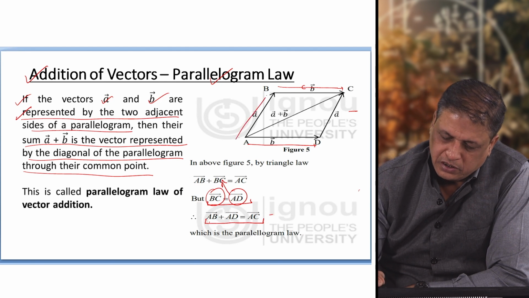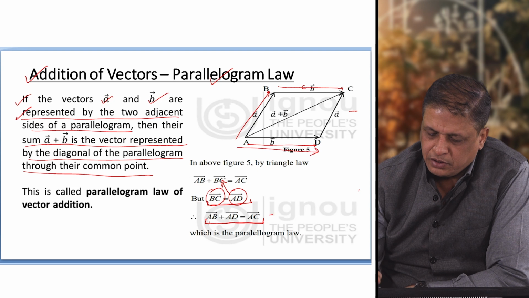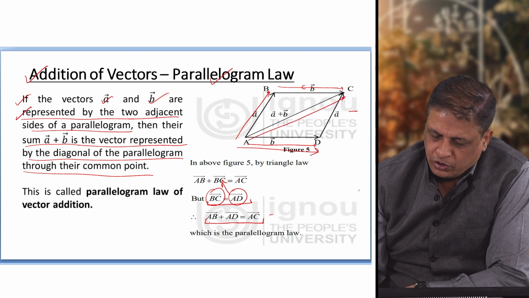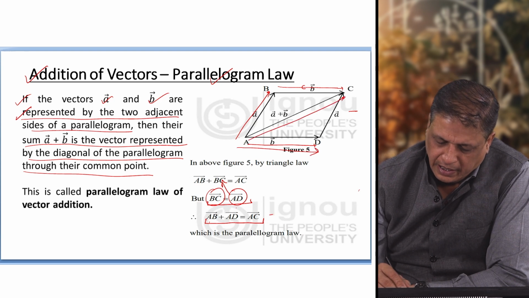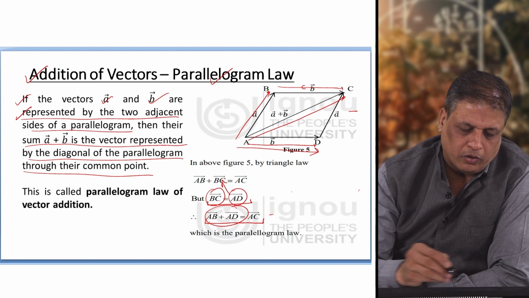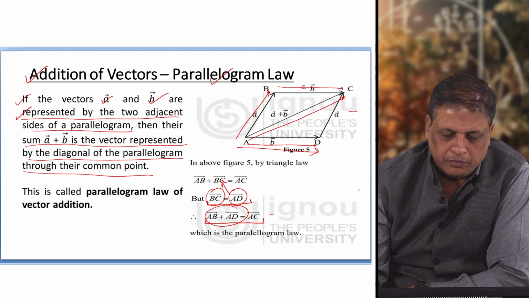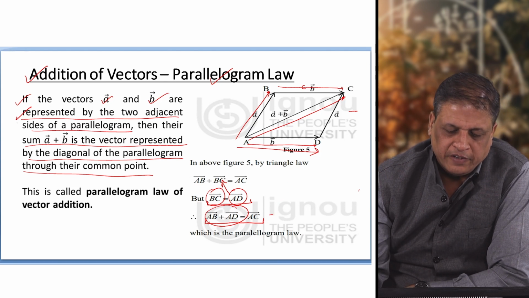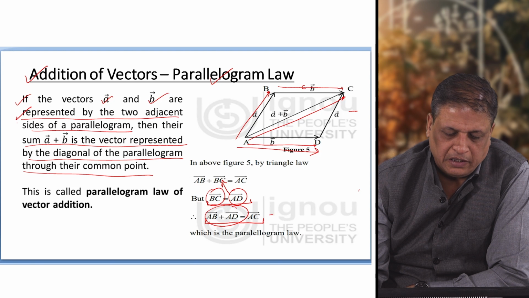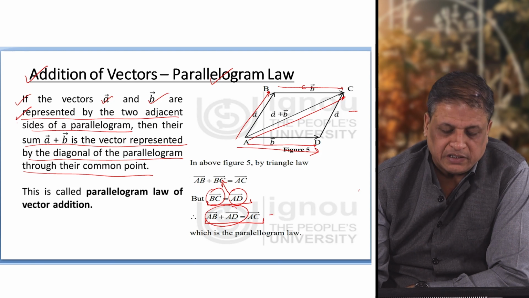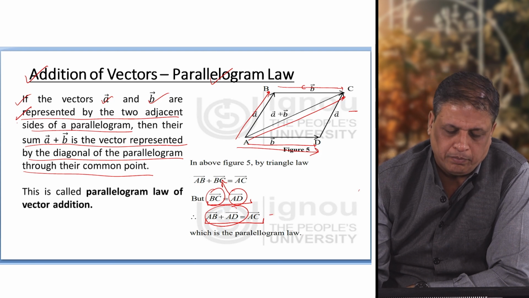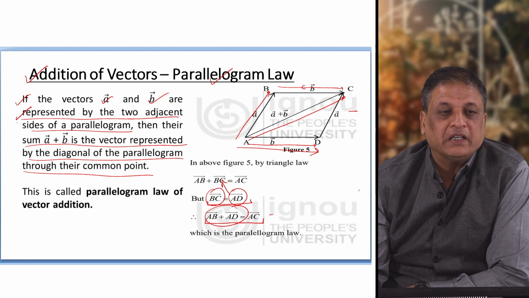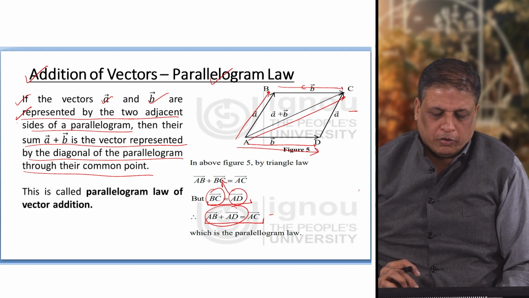AB and AD are actually the adjacent sides of the parallelogram. So, the parallelogram law of addition of vectors says that if A and B represent the two adjacent sides of a parallelogram, then their sum is the vector represented by the diagonal of the parallelogram through the common point.